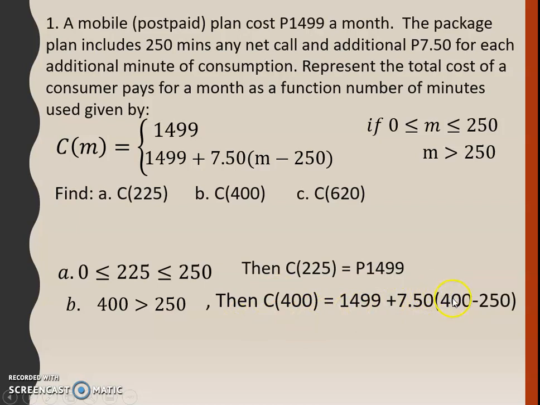So we will replace M with 400. 400 minus 250 will be 150. 150 times 7 pesos and 50 centavos will be 1,125, plus the constant charge of 1,499.